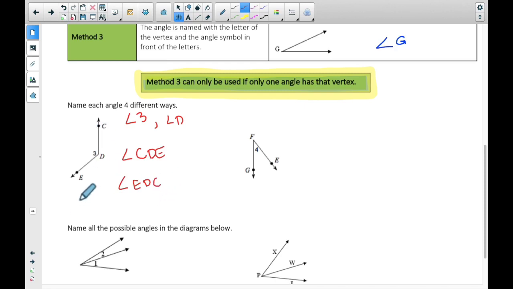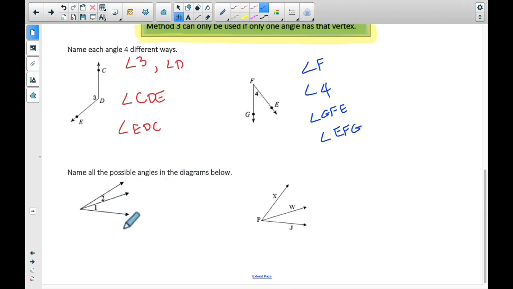Those are my two options. The D has to go in the middle. Similar here. Take a second and see if you can name these. All right, our options are angle F, angle 4, angle EFG, or GFE. The middle letter has to be the vertex.